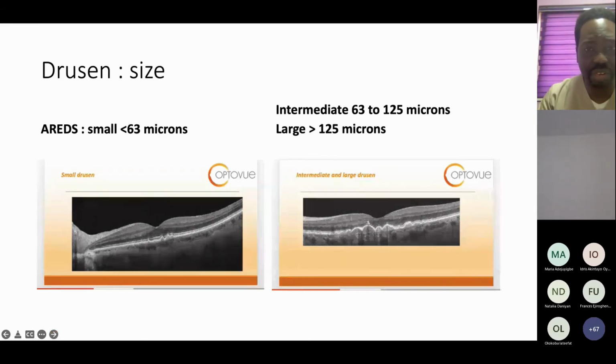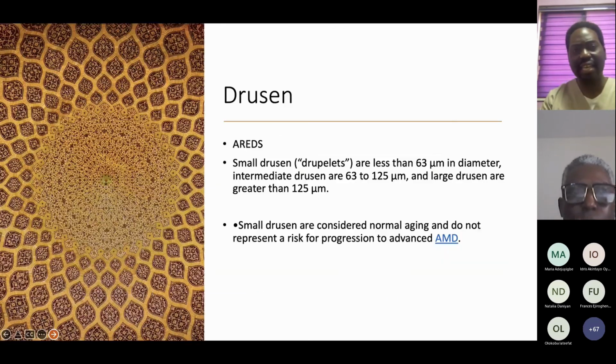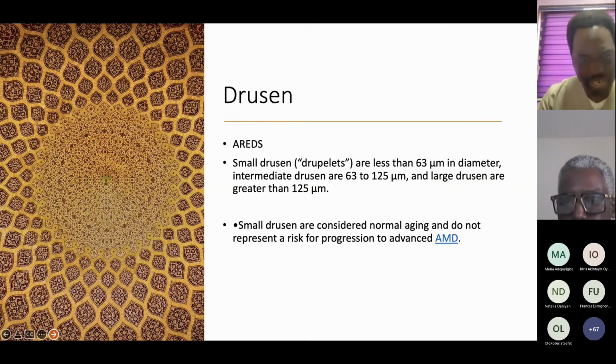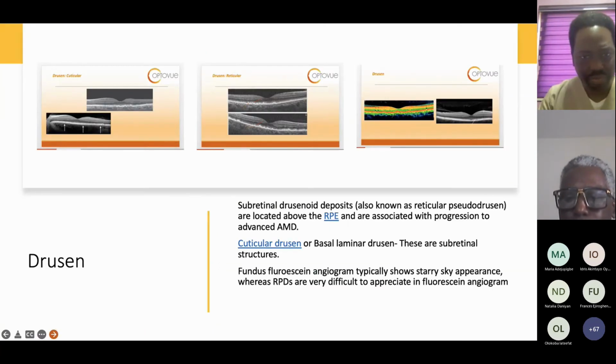You can see the small, intermediate and large drusen here. Like I said, you can use a caliper and actually measure the size of the drusen if you are in doubt. Small drusen are considered a normal aging process. They do not represent a significant risk for progression to advanced AMD.